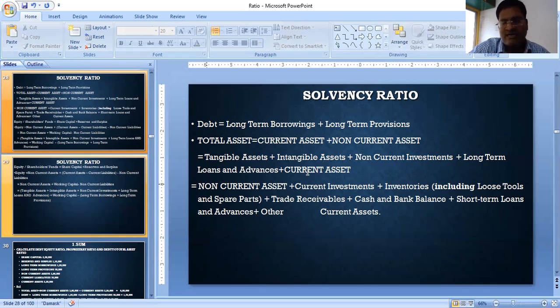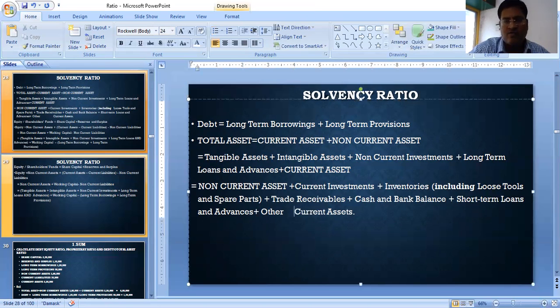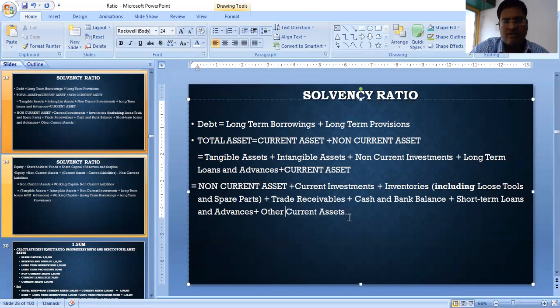That is cash in hand, cash at bank, then short-term loans and advances, then inventories, trade receivables, cash and bank balances, short-term loans and advances, and other current assets, which includes, as we have done in another video also, prepaid expense, accrued income, and so on. They are non-current assets plus current assets. It can be written like that also.